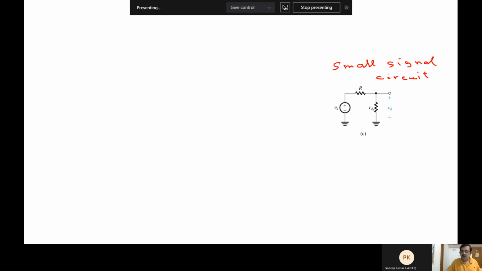I have replaced the diode with the small signal resistance, which has been found to be 26.9 ohms. And this is already 10 kilo ohms. And then this is given as your vs. This is a small vs, small signal. vs is given as 1 volt peak.